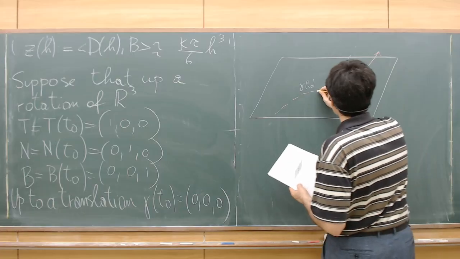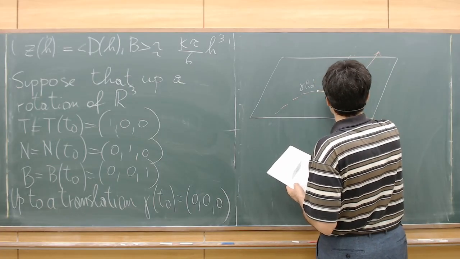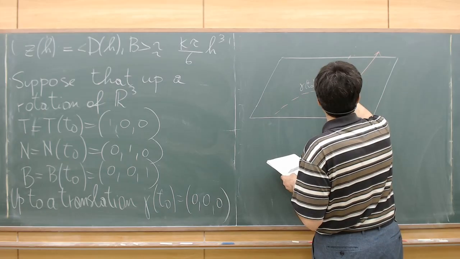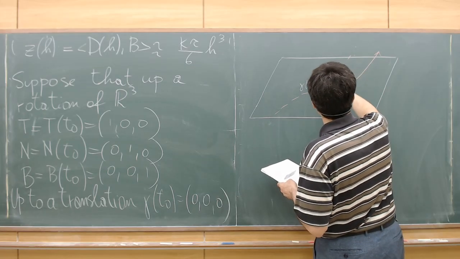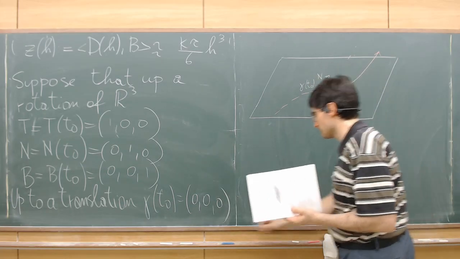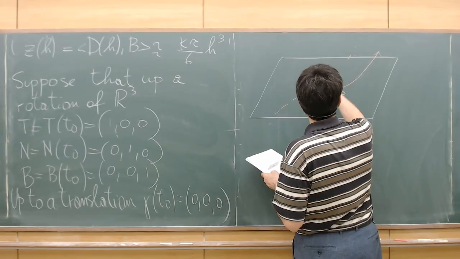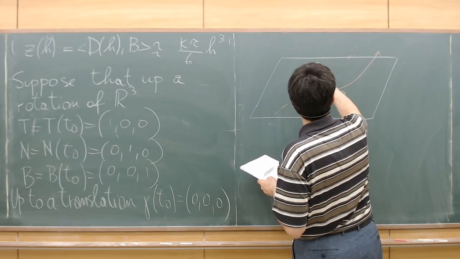This is the unit tangent vector T, the unit normal vector N, and this is the unit binormal vector B.